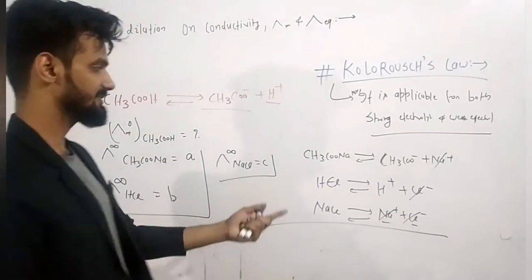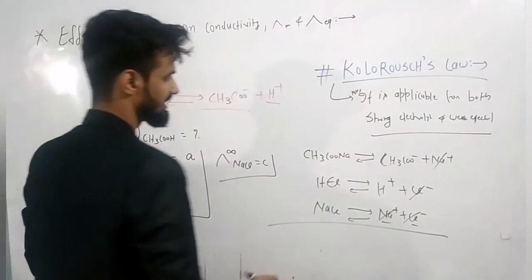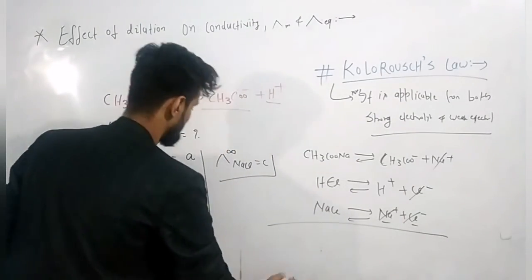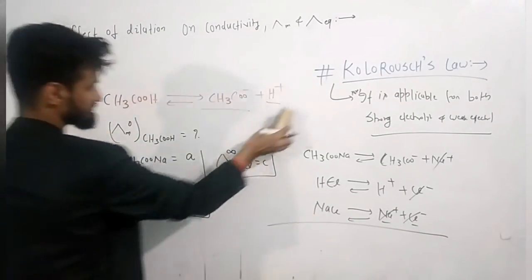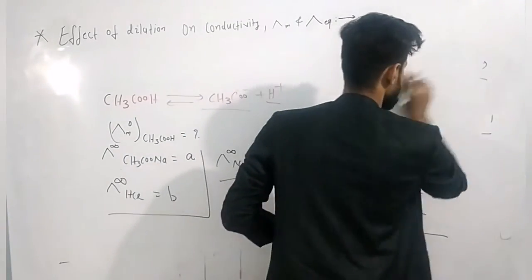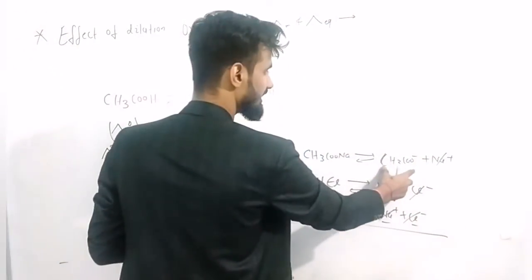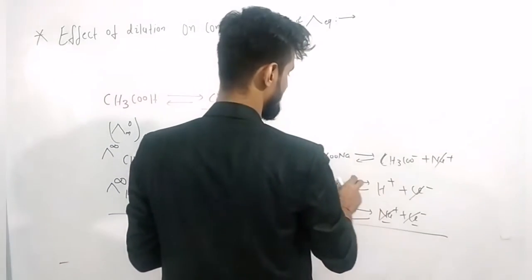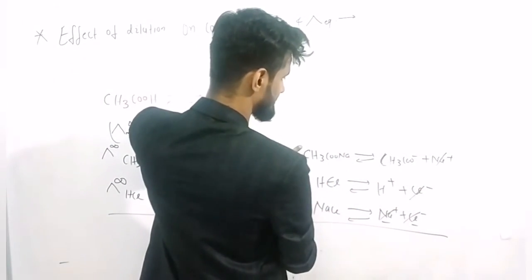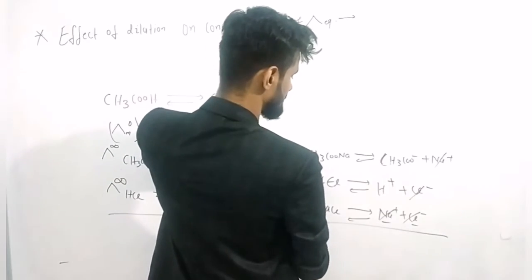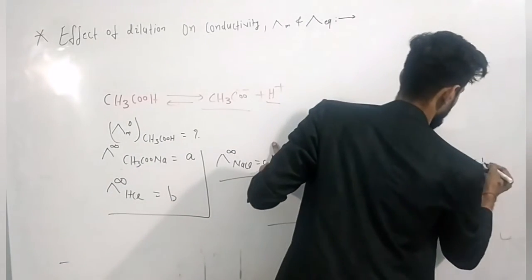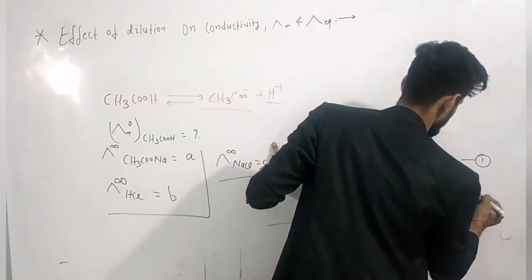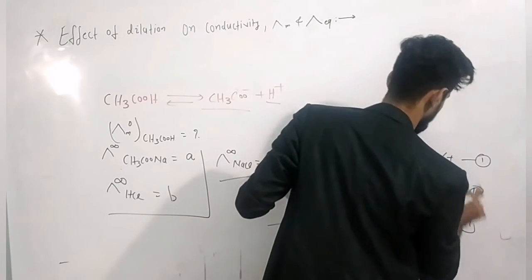To get CH3COO- plus H+, you have to add these two and subtract this one. So I am assuming this is the first equation, this is the second equation, and this is the third equation.